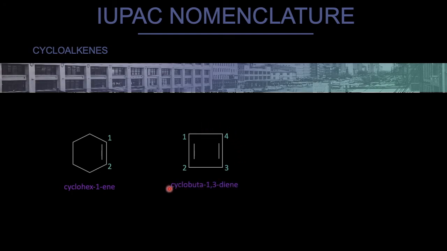So the name becomes cyclobuta-1,3-diene. Because there are 2 double bonds, you have a counting prefix di. Since you have the counting prefix, you have the 2 numbers denoting the double bonds, and since it is again having more than 1 double bond, we have an extra letter A. So the entire name is cyclobuta-1,3-diene.